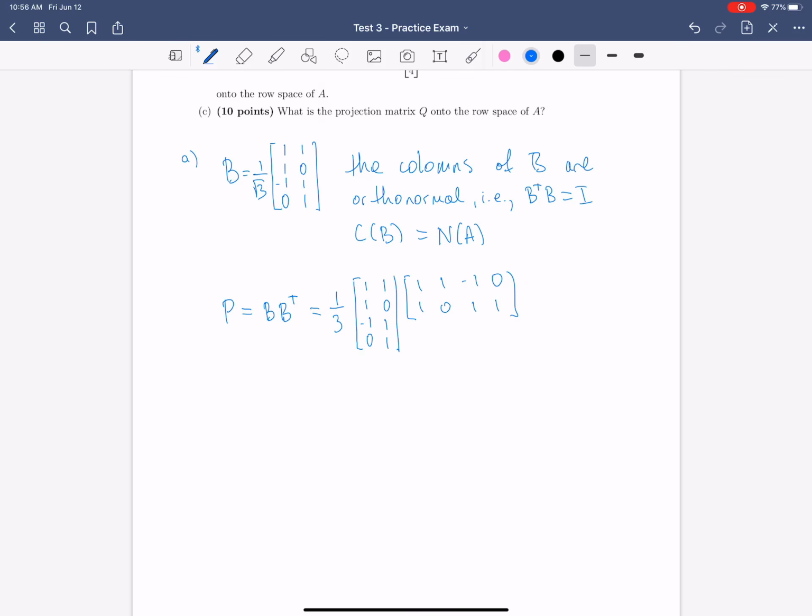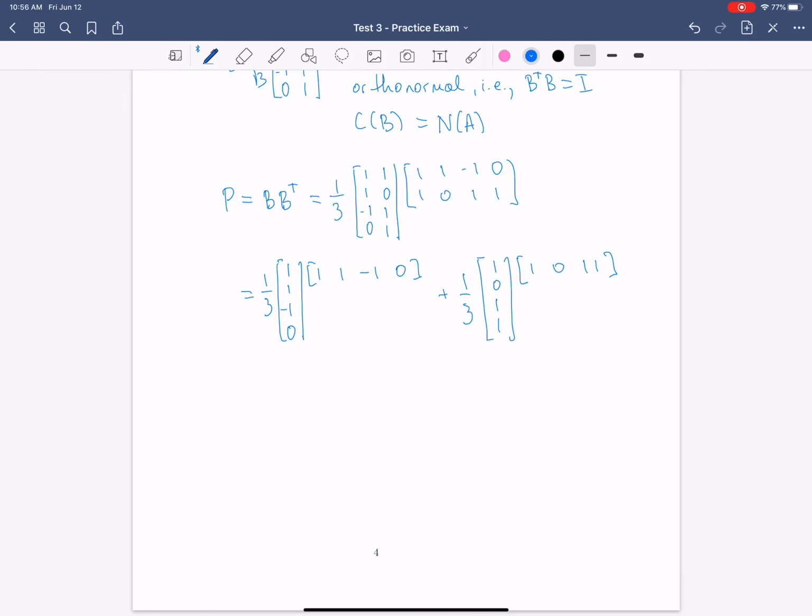So I'll do first column times first row and second column times second row. Both of them multiplied by a third. So the summation will be simple. There may be a lot of writing, but the computations are easy.